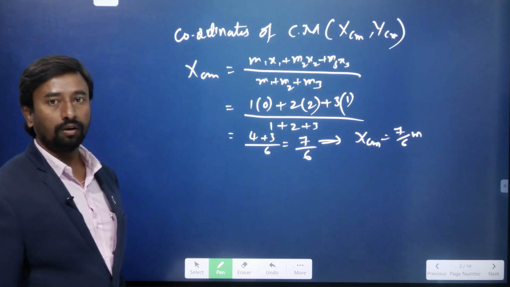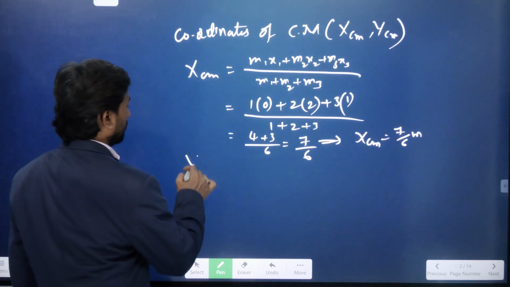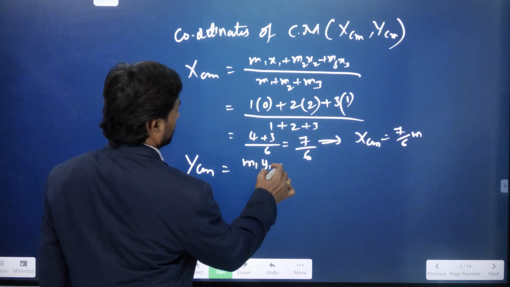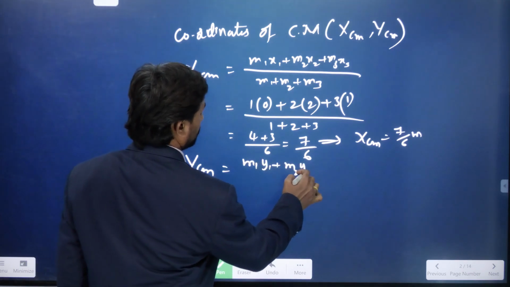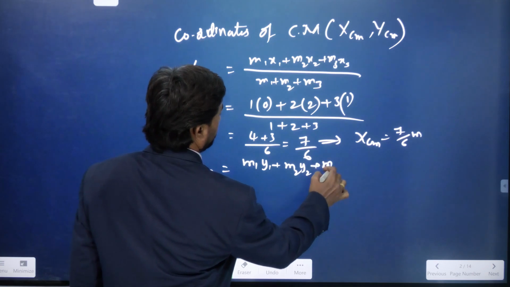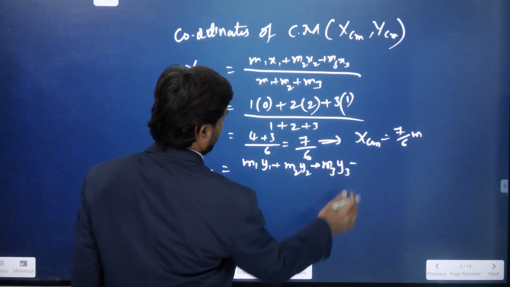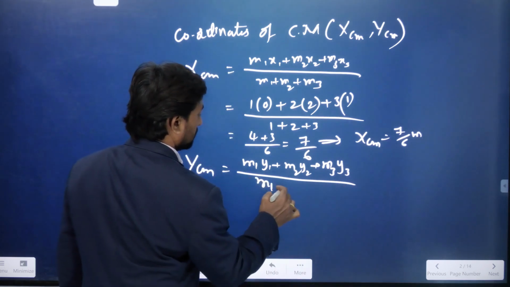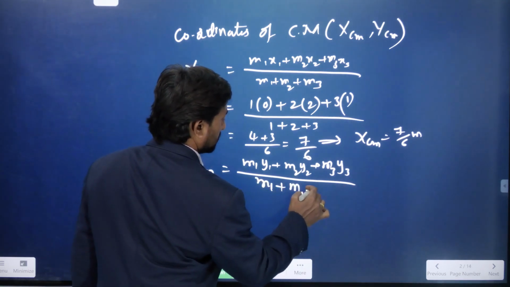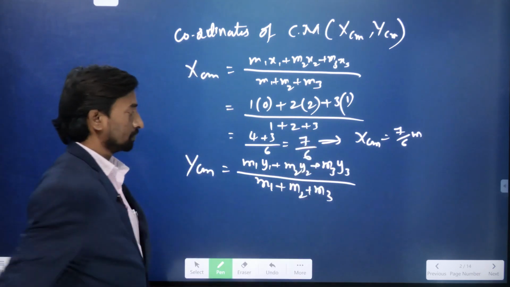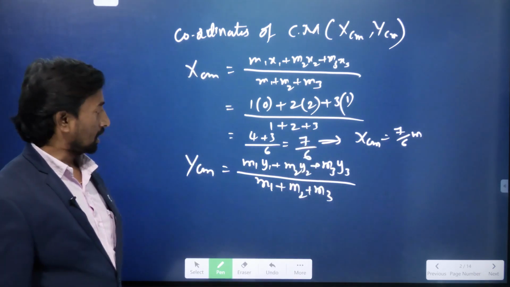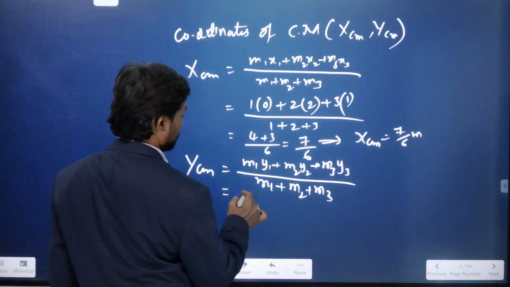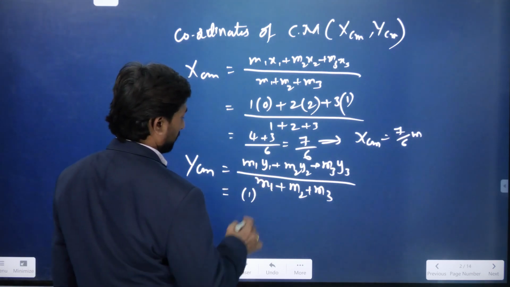Now we should find out ycm. The ycm formula we know: m1 y1 plus m2 y2 plus m3 y3, whole divided by m1 plus m2 plus m3. Okay. So now the m1 value is 1 kg and the y1 value is 0.